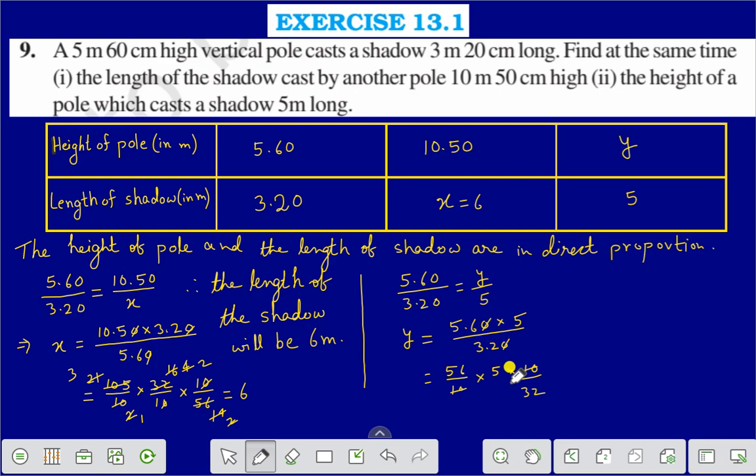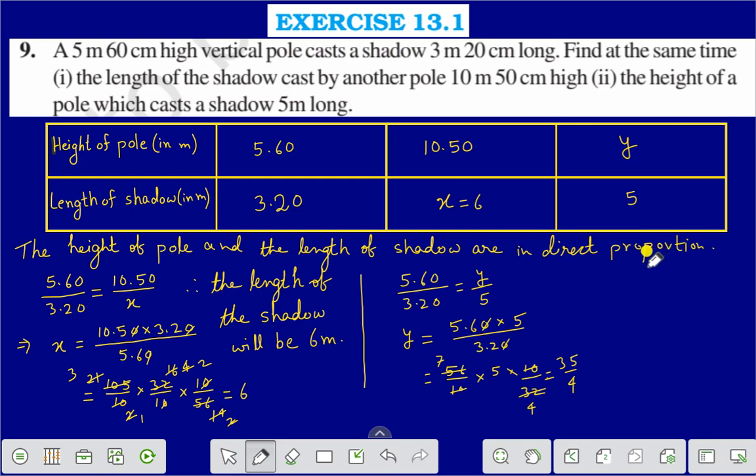Now if we divide by 8, 8 4s are 32, and 8 7s are 56, right? That means we are getting 5 7s are 35, 35 divided by 4, right?